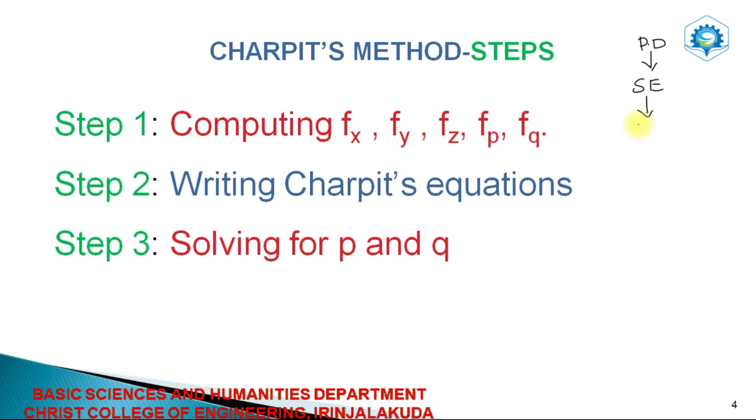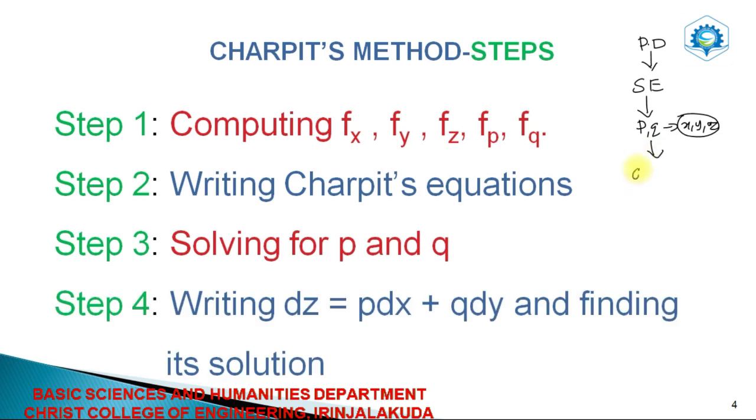Then we will find p and q in terms of x, y, z. And then we will integrate the equation dz equal to p dx plus q dy.